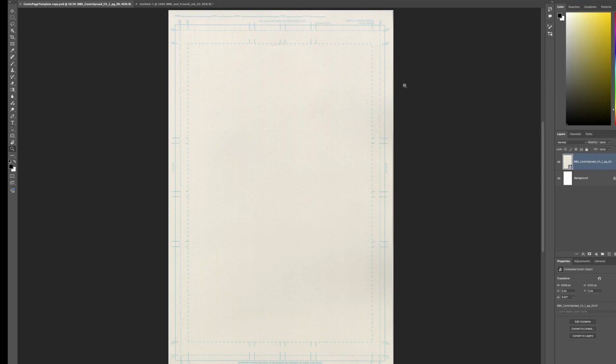And then there's all these guide blue lines that you can get rid of in Photoshop. You don't want to go past the bleeds, right? This very outside edge is the bleed. You want to keep things within this first dotted line, just inside of the bleed.